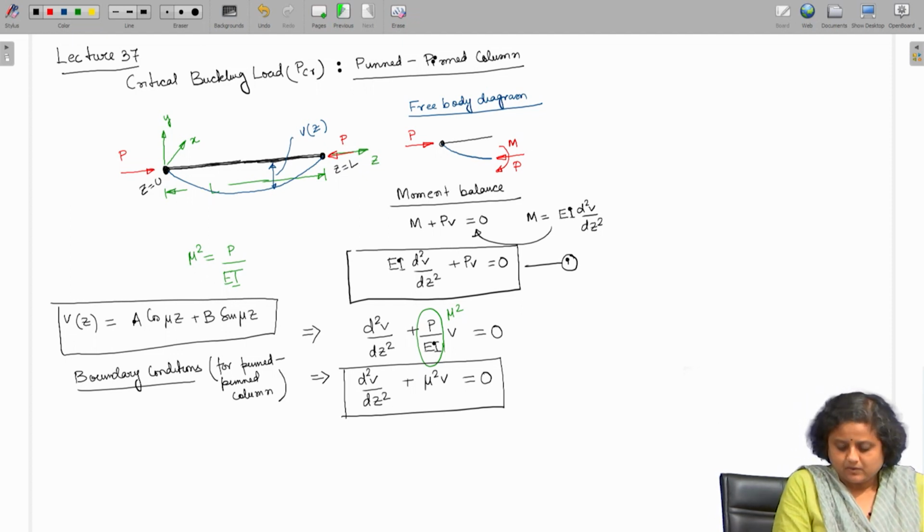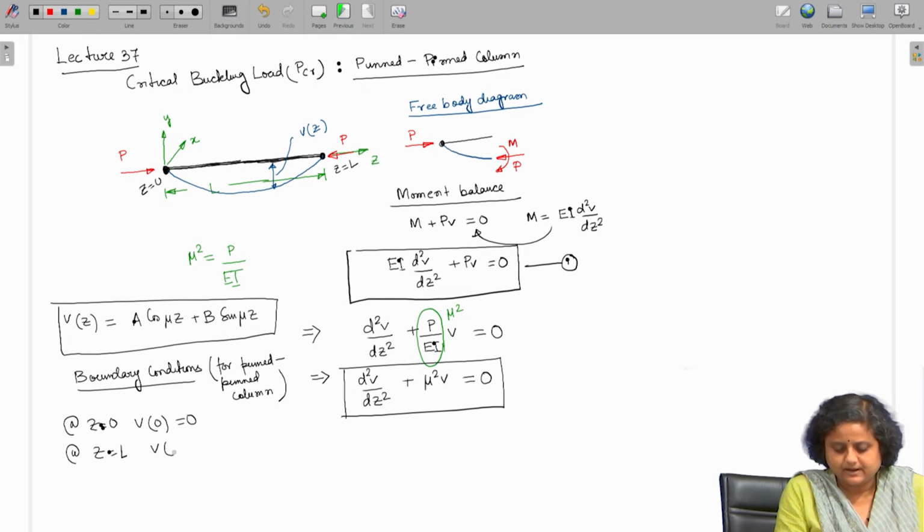Now, what are the boundary conditions? At z equals 0, V, the lateral deformation, is 0. Similarly, at z equals L, which is also pinned, V is equal to 0.